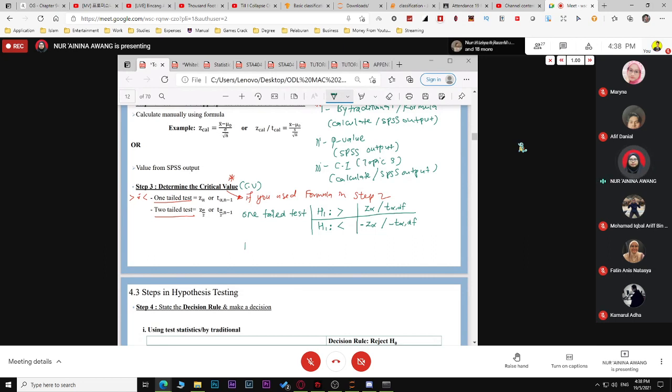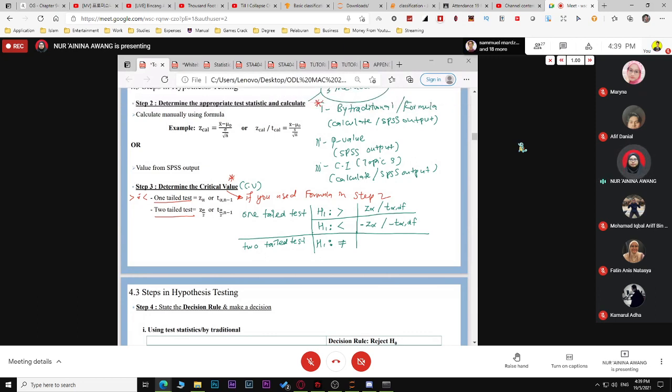Okay, but if the case is for 2 tail test, so our H1 dia adalah unequal. Okay, so bila case dia adalah unequal, so we know that we need to divide our alpha by 2 and kita ada both side plus minus. Okay, ataupun plus minus T alpha over 2 degree of freedom.